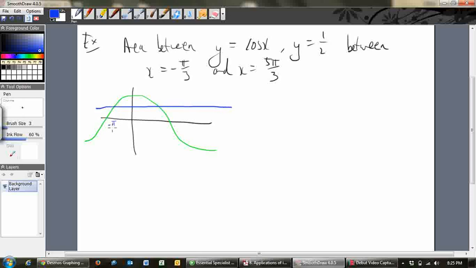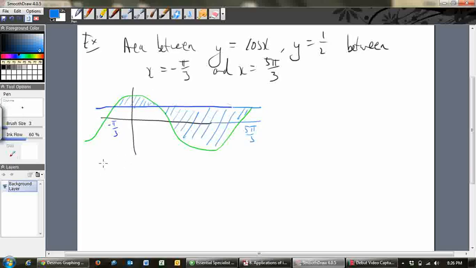And there's your negative pi on 3. That should keep going, shouldn't it? So that comes up sort of across there. Sorry for the tacky diagram. And that point there is 5 pi on 3. So what we want to know is the area between these two graphs over that interval, so that area there.